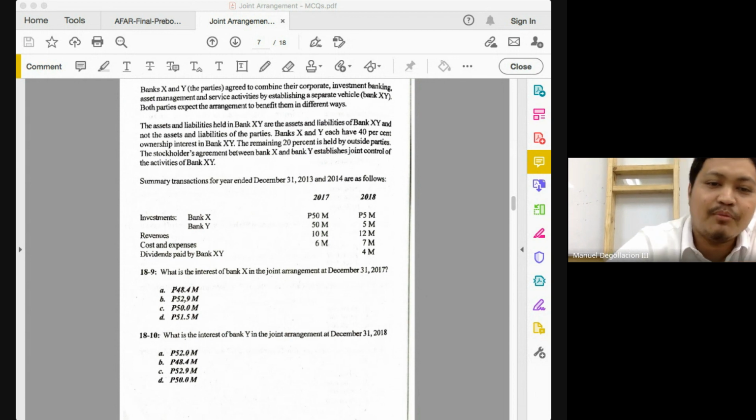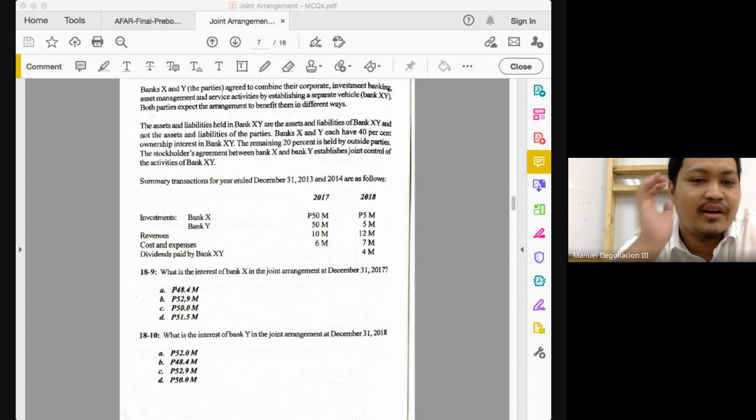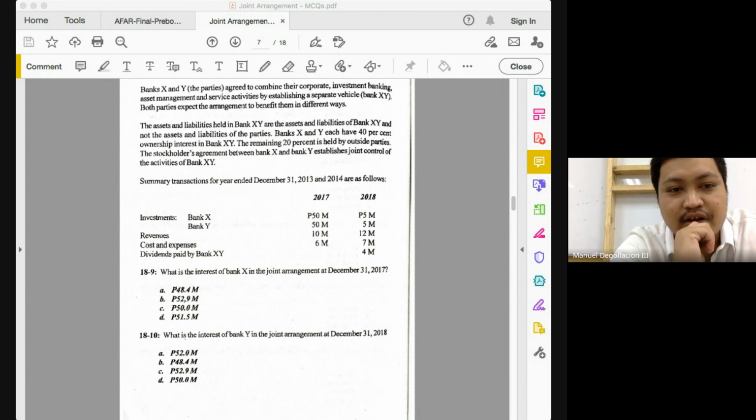Do we add the 4 million to the 50 million of X? No, because the 4 million will be shared. You only add the share of X. How much is the share of X? 40%. And how much will that give you? 40% of 4 million? 1.6 million. What will it do to the investment balance? Increase or decrease?